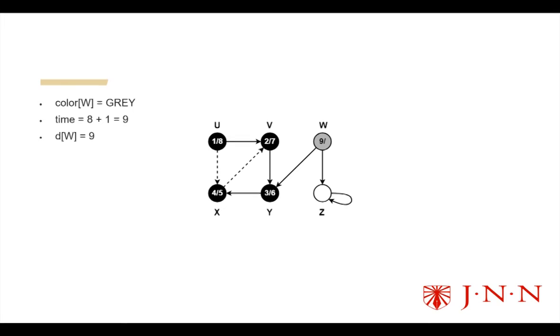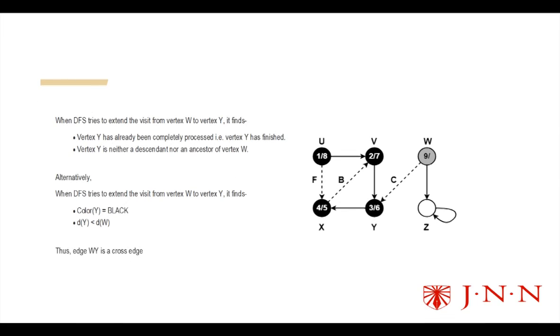That time is now stored in the destination variable of w, which is 9. So now vertex w extends the visit to vertex y. At that time it finds vertex y has already been completely processed, that is, vertex y has finished.